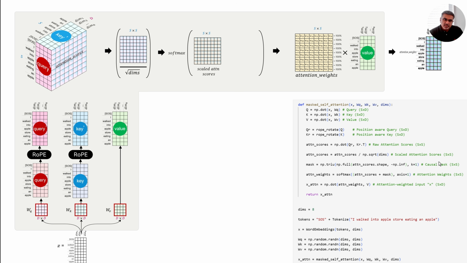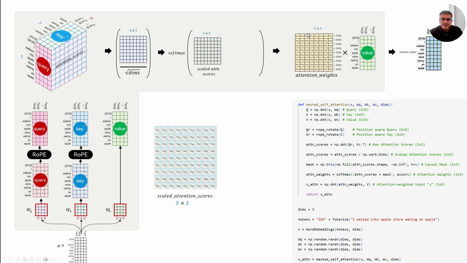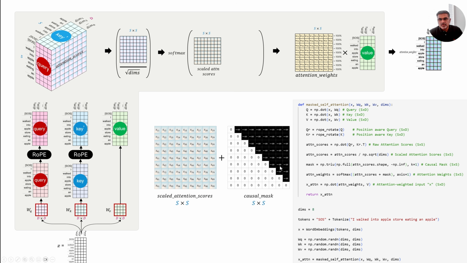So the Attention Is All You Need paper proposed this technique of using a mask, what they call a causal mask. And it's a brilliant idea, which saves us from doing this training run by passing it one token at a time. And the way it works is, you take your scaled attention scores, which is this one here, and you add to this what is called a causal mask. And what is a causal mask?